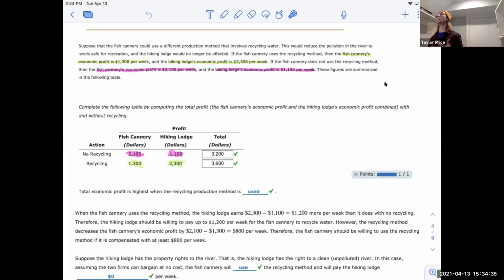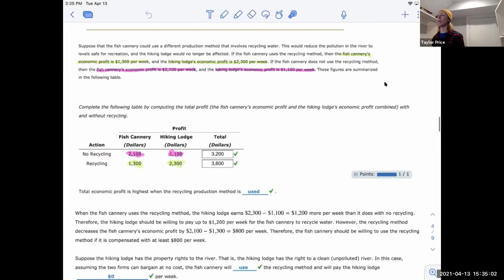So what we need to do is determine the total profit for both businesses under both scenarios. We just add up the fish cannery's and hiking lodge's profits under no recycling and recycling. Under the recycling scenario, the profits are the largest possible.